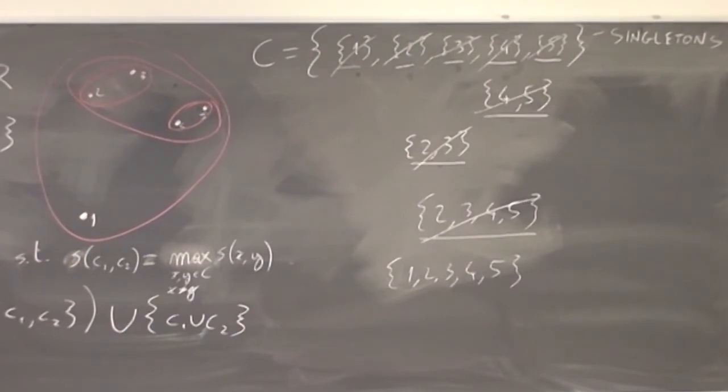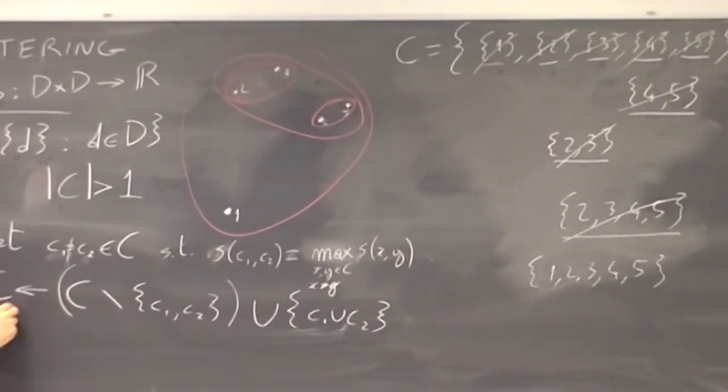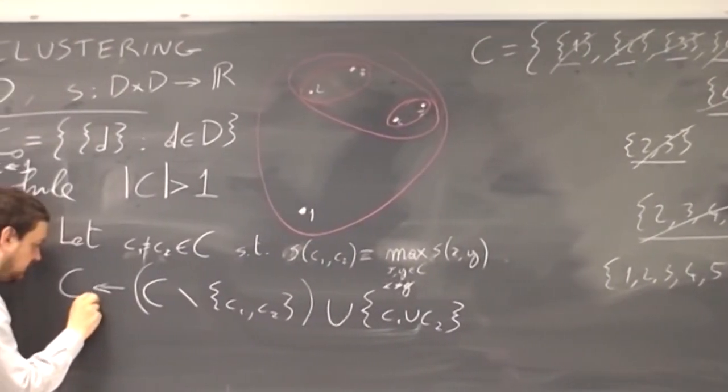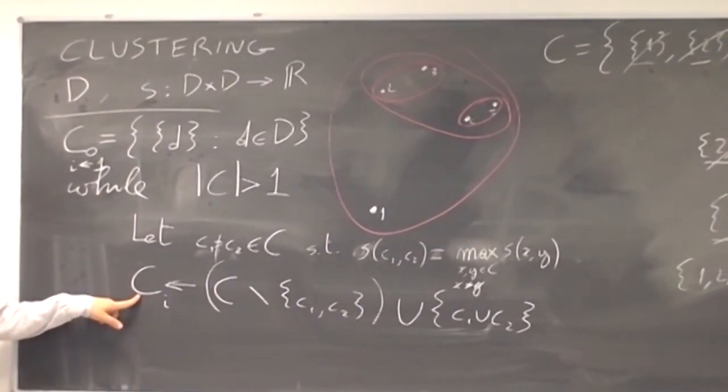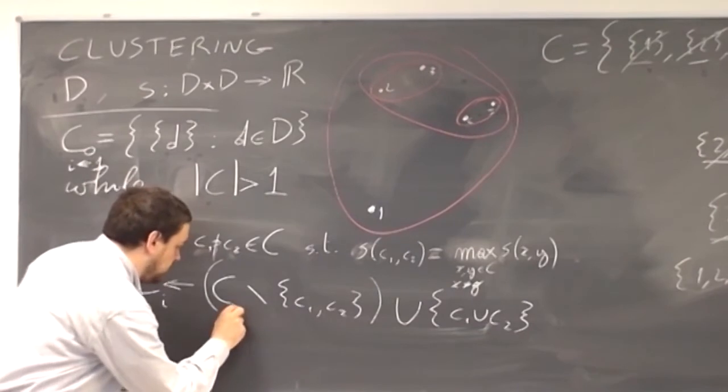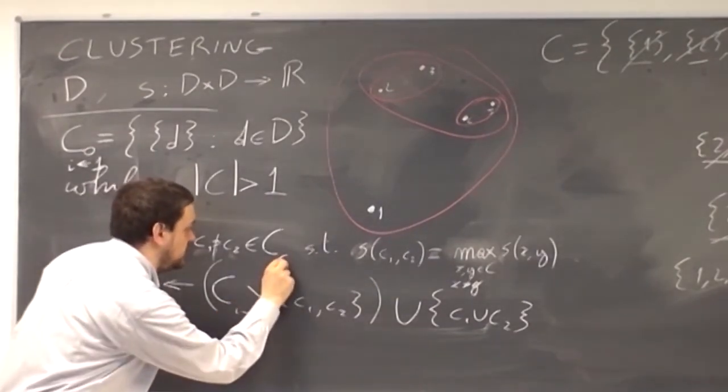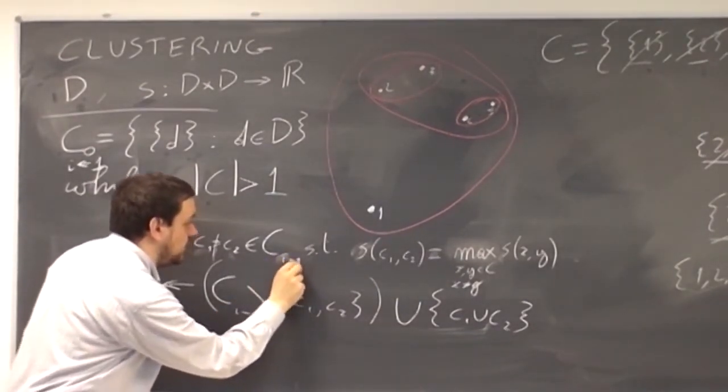Then we maintain a counter, let's say I, starting from 1. And at every step we create the set of clusters Ci based on the set of clusters Ci minus 1.